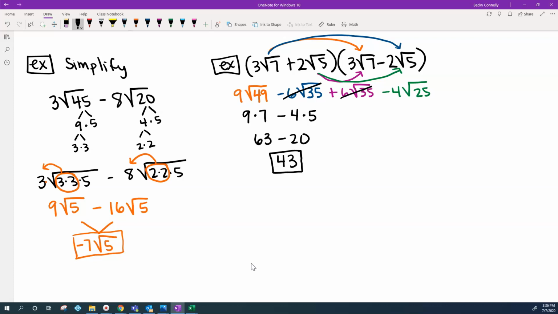So notice on this, we started off with all of these crazy radicals and everything, but my answer ends up being just a whole number. It doesn't have any radicals in it, okay? And I want to talk about why that is, because that's going to lead into our next thing.